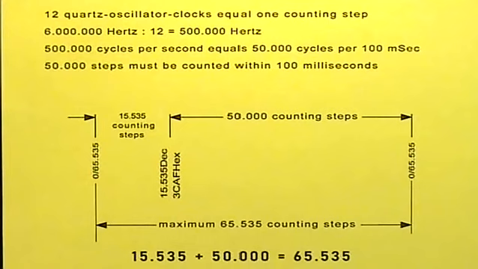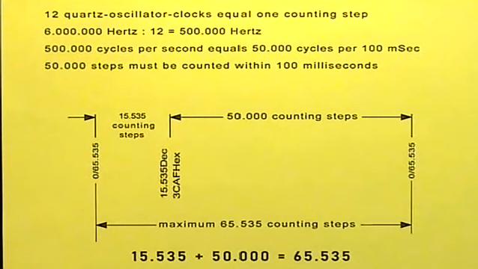Of the 65,535 maximum possible counting steps, however, only 50,000 counting steps are required to cause interrupts with intervals of 100 milliseconds.